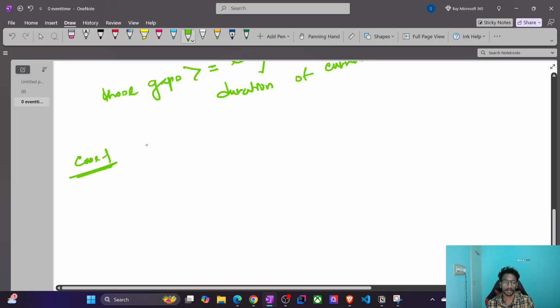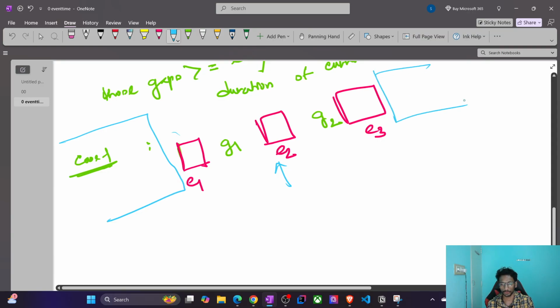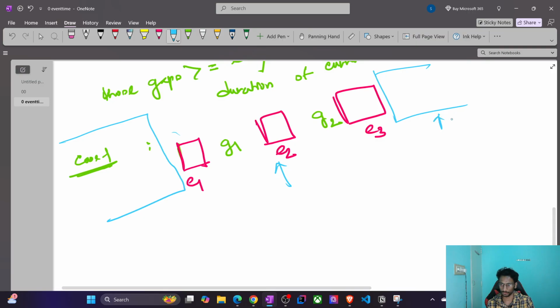Case one: suppose this is event 1, event 2, and this is event 3, and this is gap 1, this is gap 2. Now I want to shift this event to the left side or the right side. Suppose I find one space here, then it will be shifted there. Now what will be our gap? We have to maximize the gap.